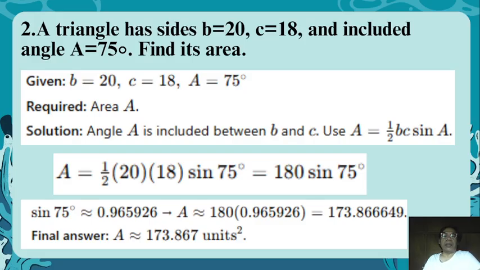So our solution, angle A is an included angle between b and c. So the formula that we're going to use is area is equal to 1/2 side b times side c multiplied by sine of angle A. Substitute the given data and our answer is 173.87.